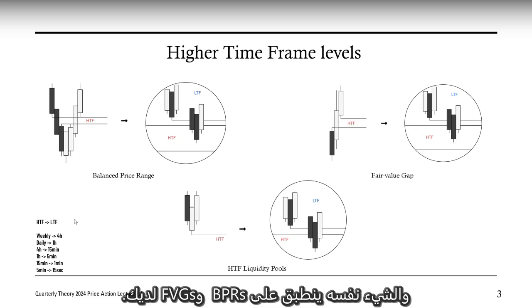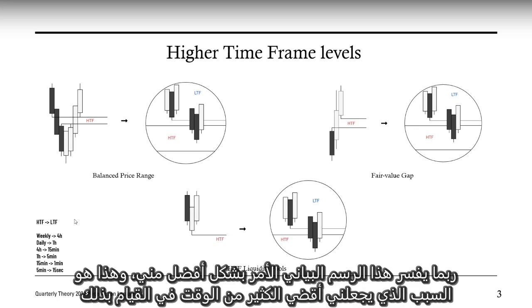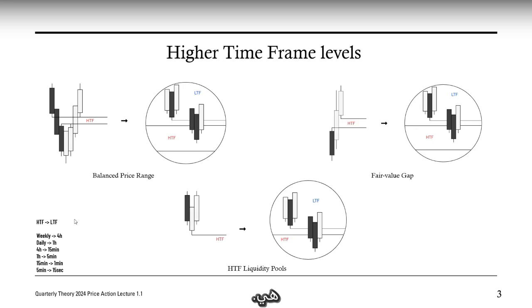The same thing goes for balanced price ranges and fair value gaps. This diagram probably explains it better than me, which is why I spend so much time doing it. And if you have any questions, of course you can ask me.